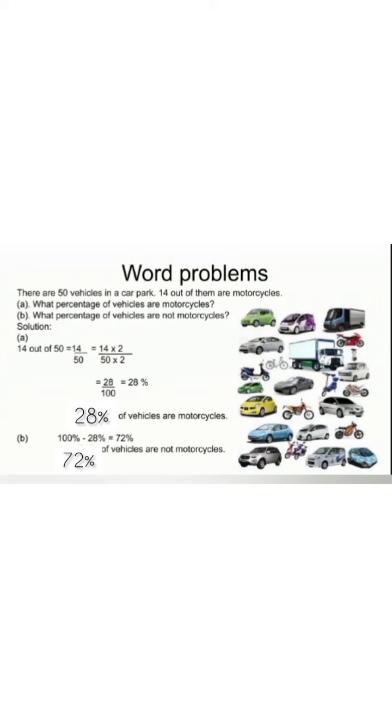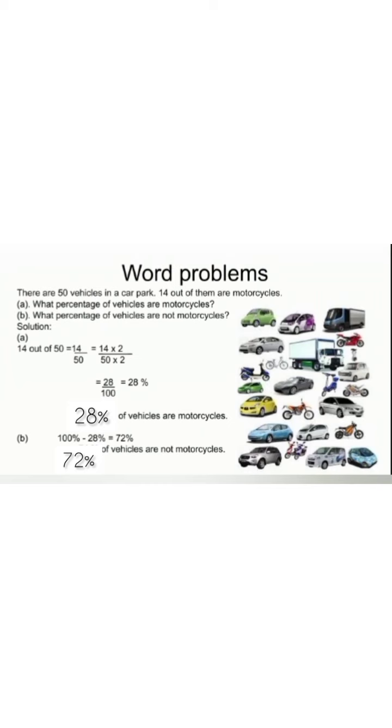So let's move towards the solution of part A. As we are given 50 vehicles in a car park and 14 out of them are motorcycles, 14 out of 50 can be shown as 14 divided by 50.